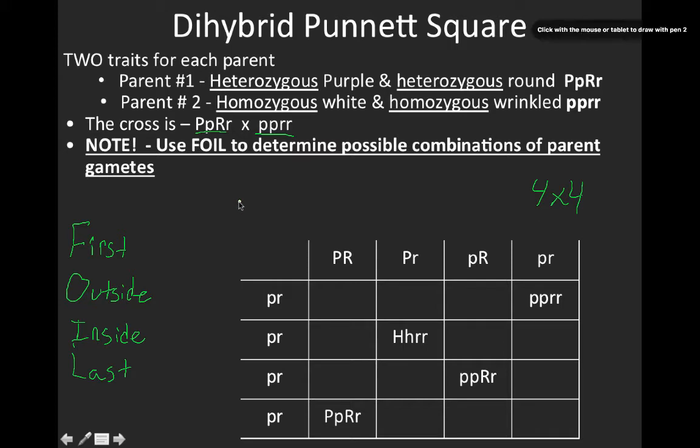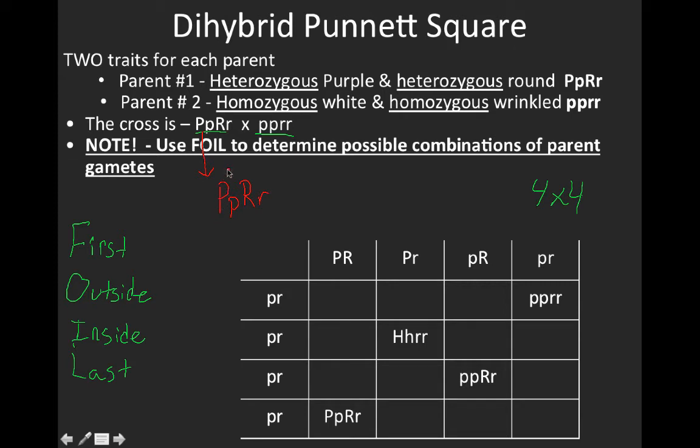All right. So we'll switch colors here to red. Let's do this parent first. Okay. So this will be the one that ends up going up on the top. This will be the first one we do. In order to FOIL this, we're going to write out our different alleles. All right, and we need to do FOIL.